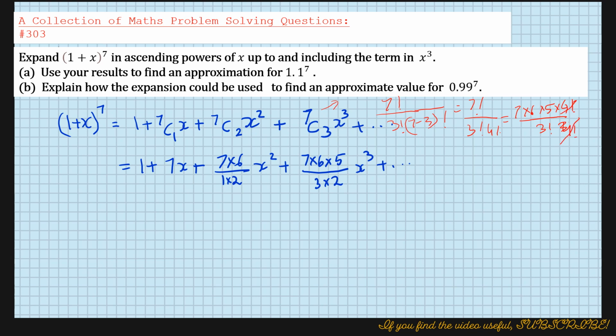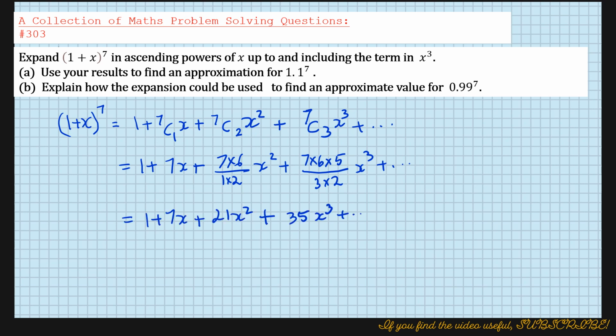So this factorial 4 goes away, and you're left with 7 times 6 times 5 divided by 3 times 2, and that is exactly what I've written here. So just a little more explanation as to why I didn't write the other terms, because they would simply cancel out. The next thing we do is multiply it out.